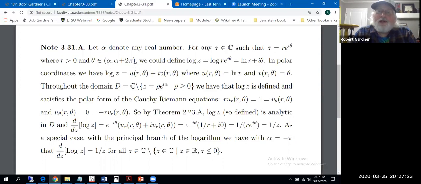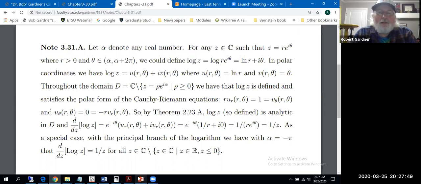But alpha is not included, nor is anything coterminal with alpha included as a possible argument. So this is defined for the complex plane set minus complex numbers of the form rho e to the i alpha, where rho is greater than or equal to 0. Of course, we're not going to take a log of 0. So that's where the rho equals 0 part comes from.